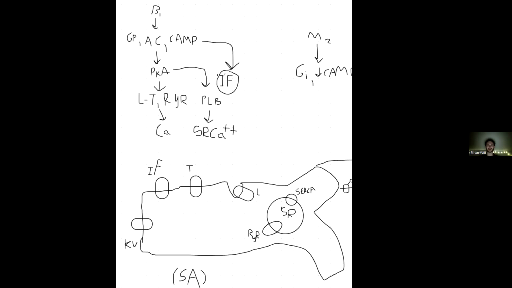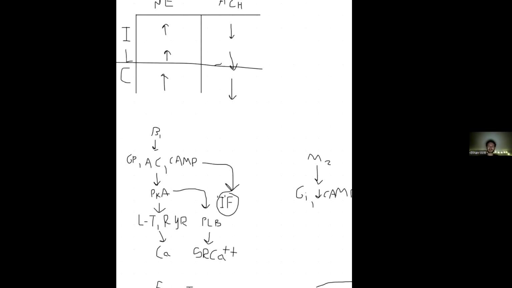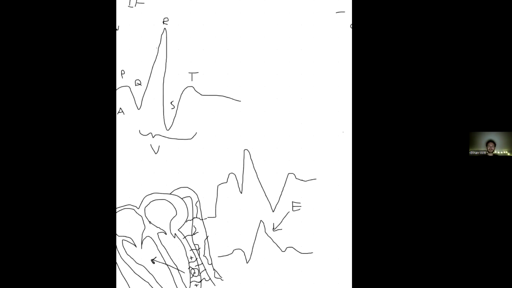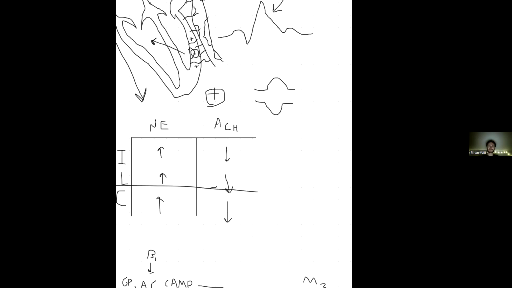And as I stated earlier, funny channels, the reason they are funny is because they open as the cell is depolarized, as it goes back to rest after propagating that contraction and allowing positive ions, sodium specifically in this case, to enter back into the cell to repolarize it, as evidenced by the action of our S wave here before our T wave.